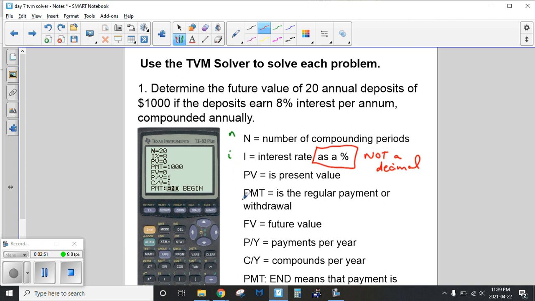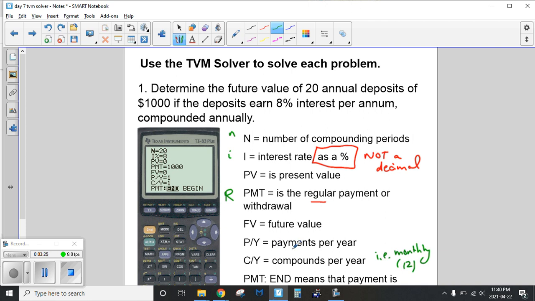Present value, payment, this is like the regular withdrawal. So our formulas have that as R. Future value, we're familiar with. These next two, we haven't used these notations, but this has to do with how the money is compounded. So compounds per year. For example, monthly would be the number 12. 12 compounds per year.